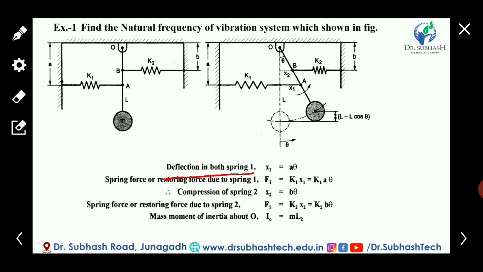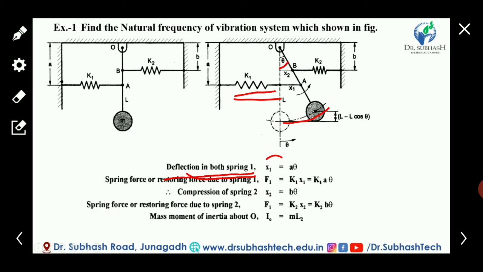So now we see that the displacement of the pendulum is defined by theta, okay. It's angular displacement, so defined by theta. We want to define the displacement of the springs by theta.